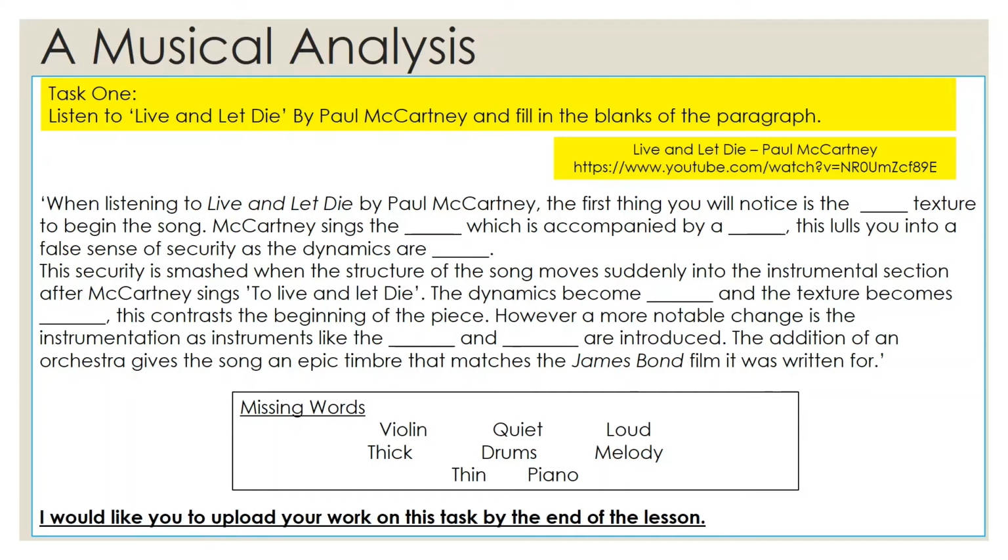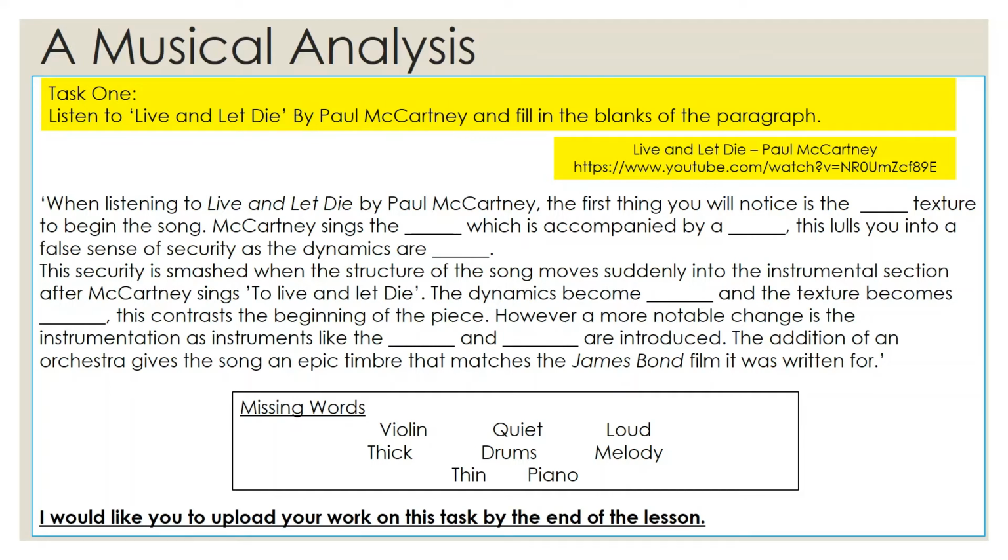This lulls you into a false sense of security as the dynamics are what. This security is smashed when the structure of the song moves suddenly into the instrumental section after McCartney sings Live and Let Die. The dynamics become what, and the texture becomes what.